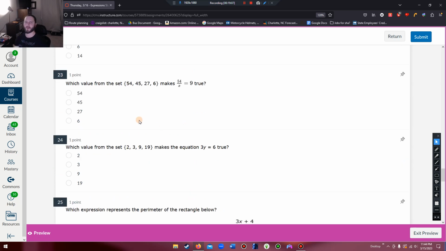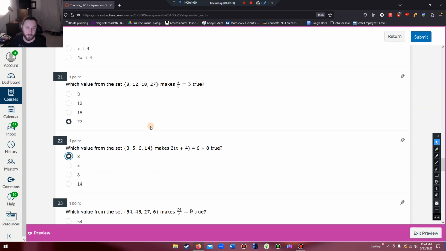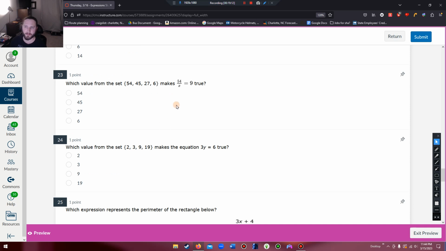For number 23, kind of the opposite of number 21. For 23, we have 54 divided by x, whatever it is. 54 divided by something equals 9, and we have to figure out which of these would work. You might be able to tell this one is pretty easily 6, because 54 divided by 54, no, that will not work. 54 divided by 45, no, definitely not.